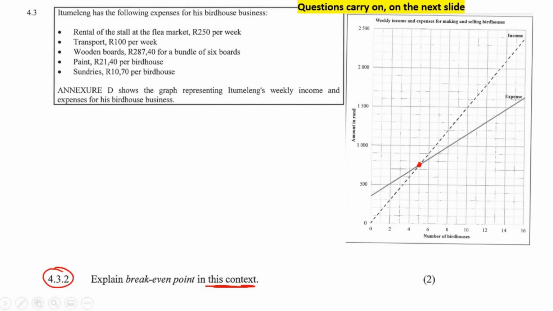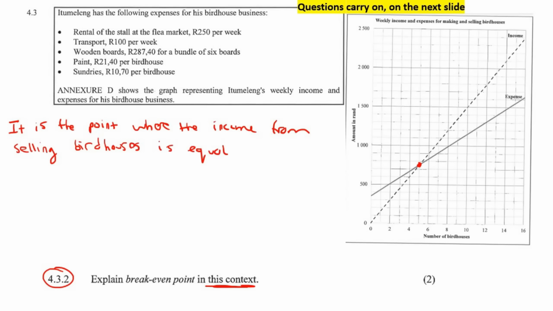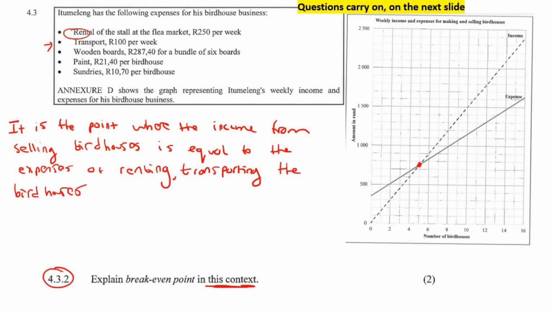So the way you'd explain it in this context is that it is the point where the income from selling birdhouses is equal to the expenses of renting, which is this one, transporting the birdhouses, which is this one, and making the birdhouse, where you have paint and wood.